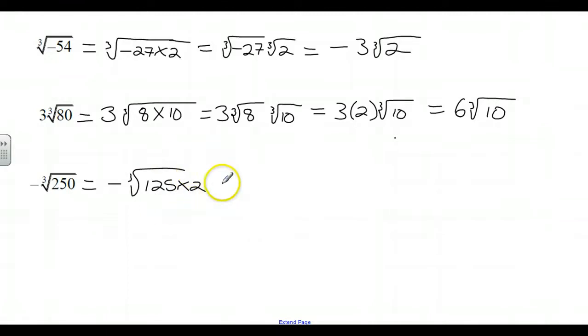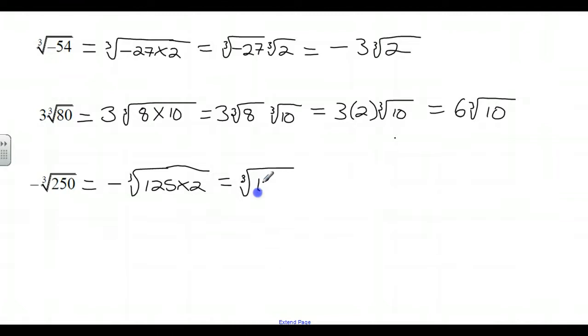Now you leave something like this and there's a problem. So we need to extend this out, so that the radical sign is over everything. Otherwise it becomes the cube root of 125 times 2, right? If it looks like this, then that's really the cube root of 125, and then multiply that by 2, and that's not what you want to get across.